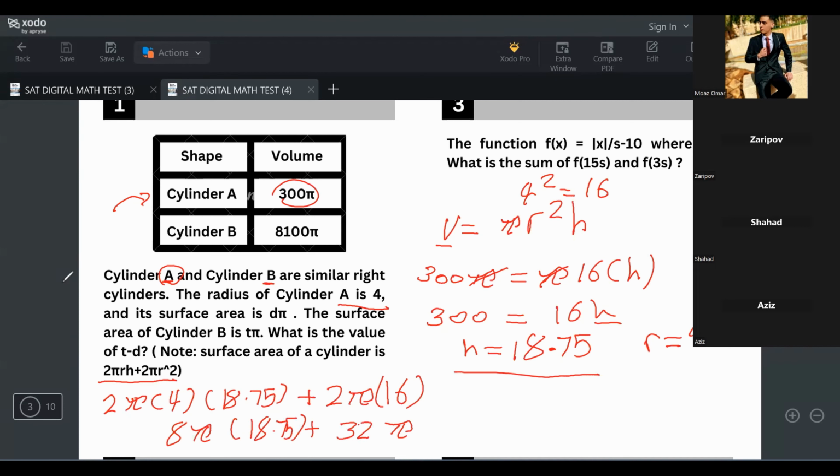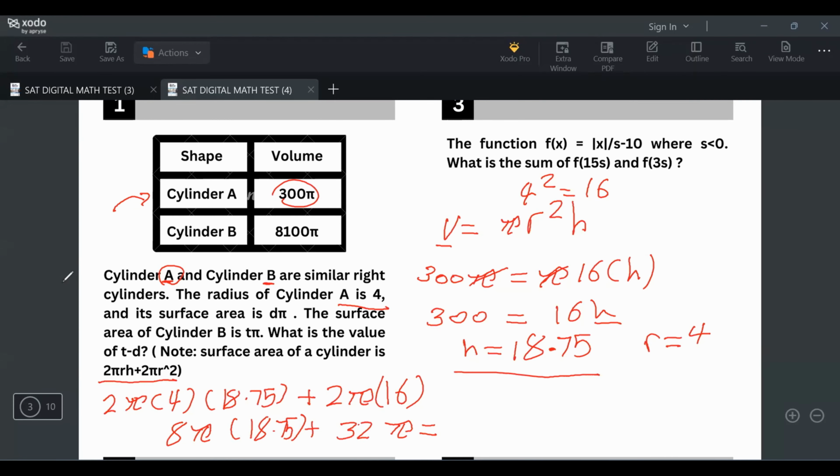Just let me plug that into the calculator. So it will equal 182 pi. Okay, and the surface area of the first cylinder is equal to d multiplied by pi. So the value of d is equal to 182. Now, let me clear up some space.